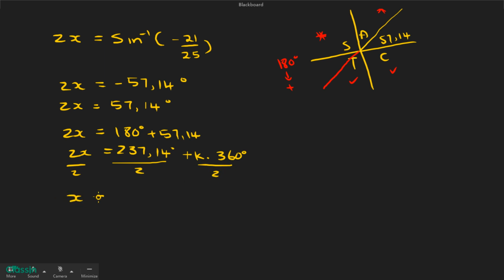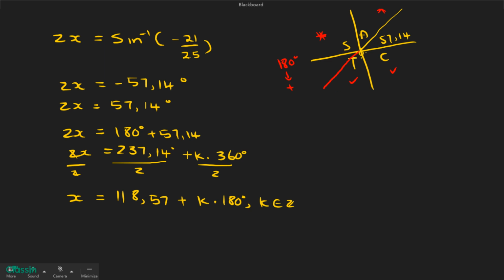Our x, because this will cancel out that, then we say the answer divided by 2. We get 118,57 plus k multiplied by 180 degrees, where k is an element of integers.